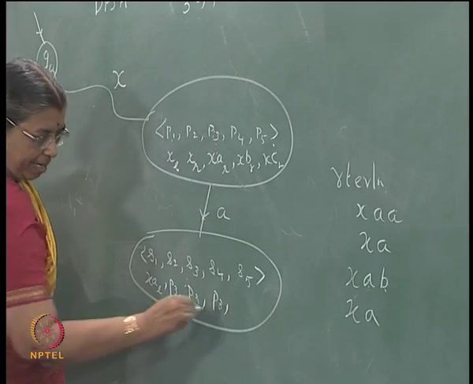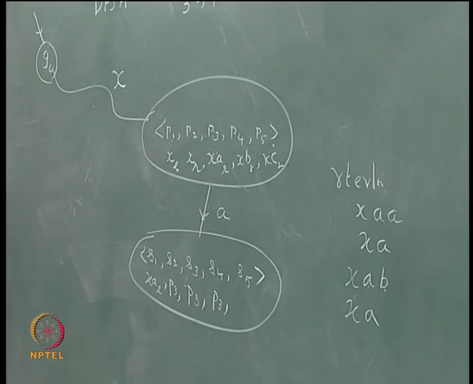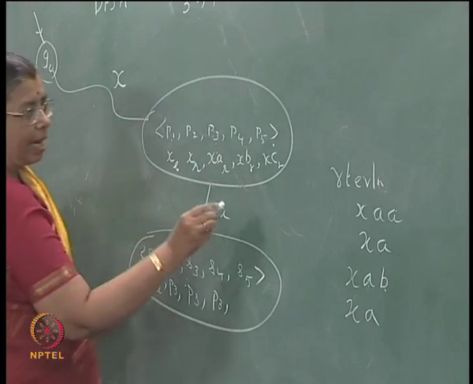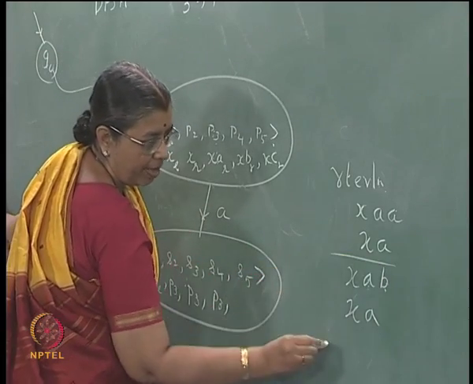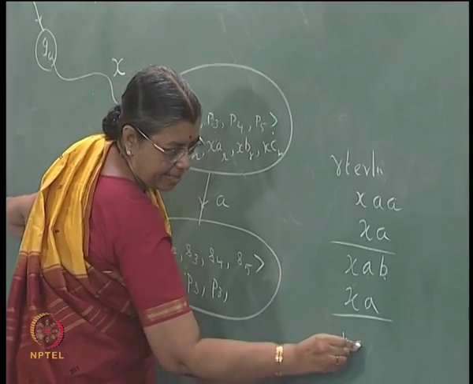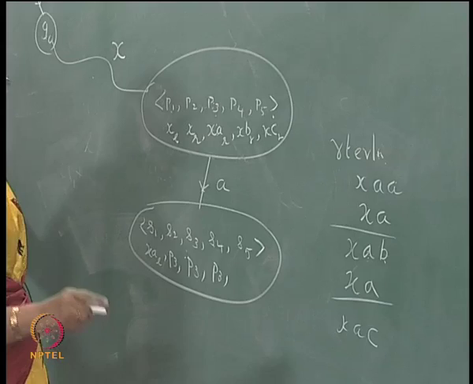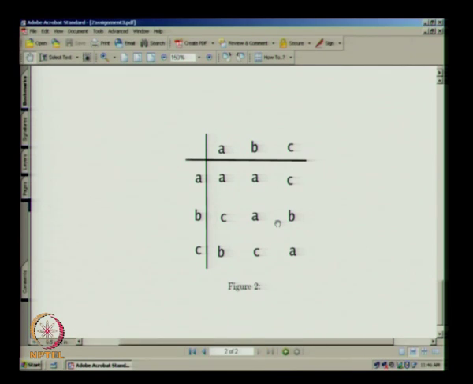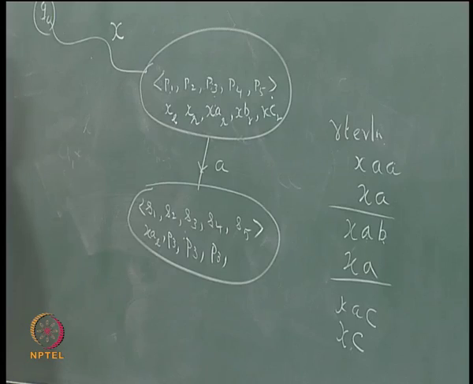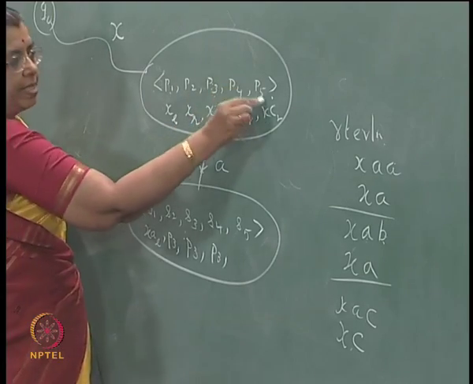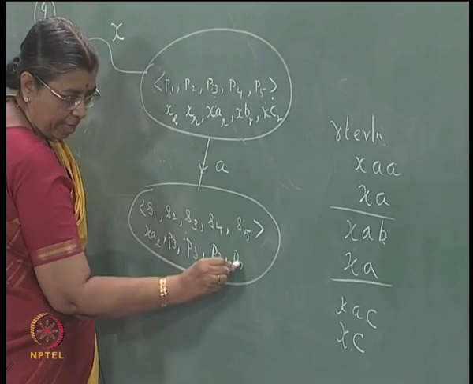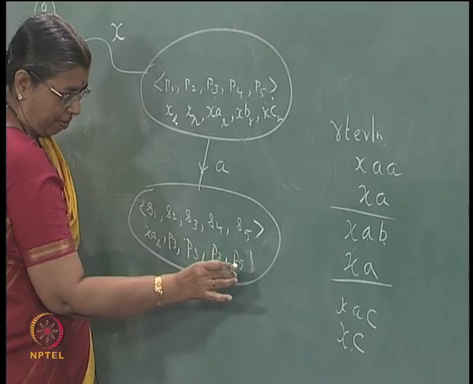So, this will be P3. What is the last one? It is the right evaluation of XAC. What is AC? AC is C. So, it is the right evaluation of XC. What is the right evaluation of XC? That is P5. So, S5 will be P5.